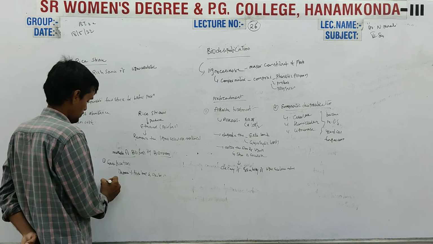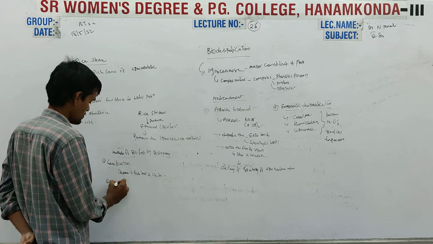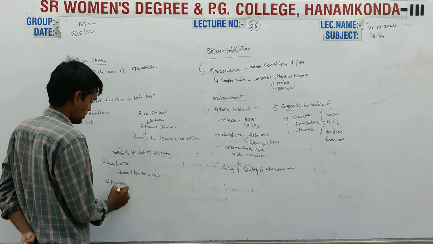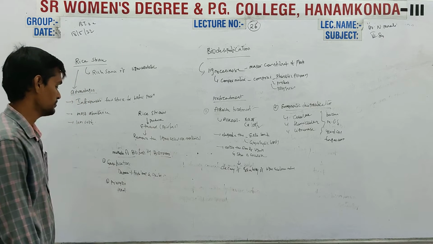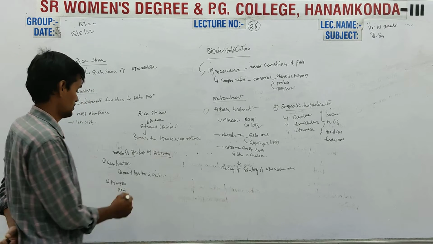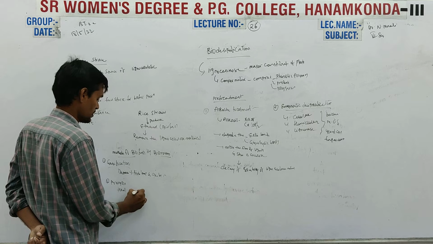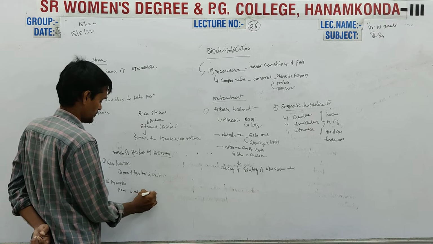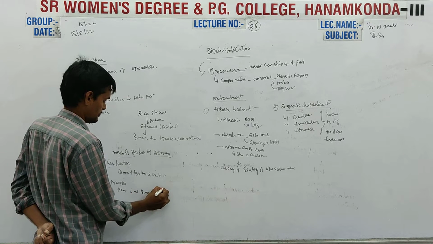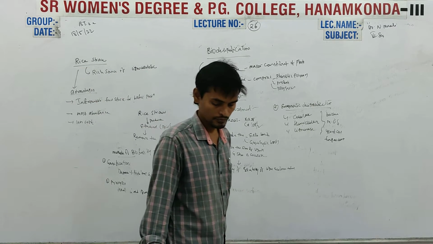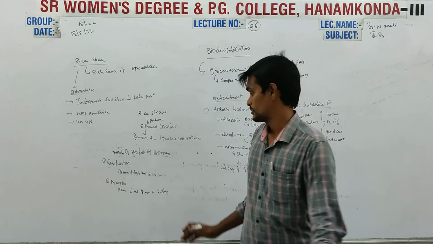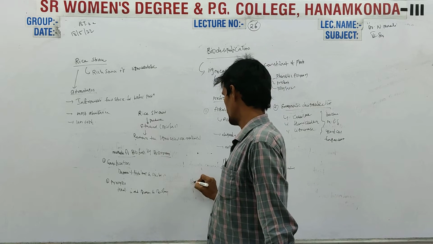Next, pyrolysis. Heat is used to convert biomass into biofuels. That is the second step, pyrolysis. Next, the third one is digestion.